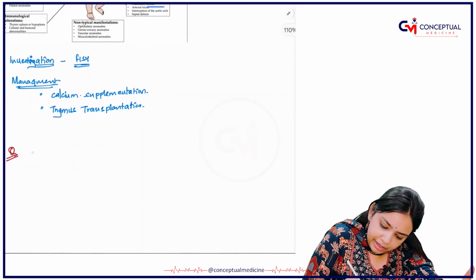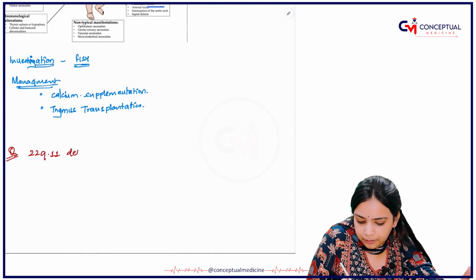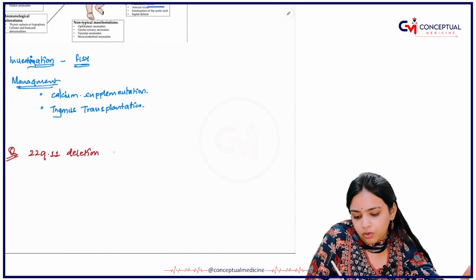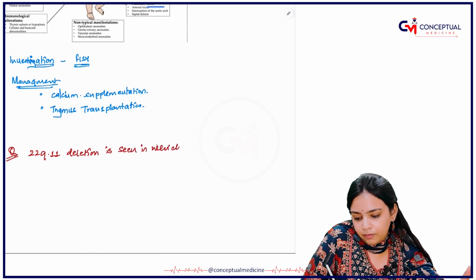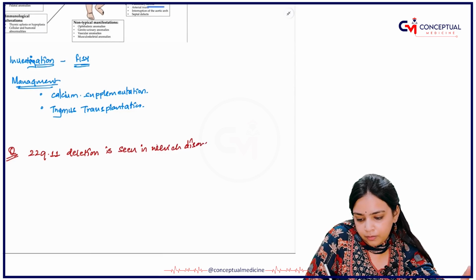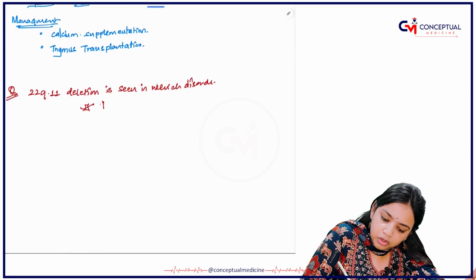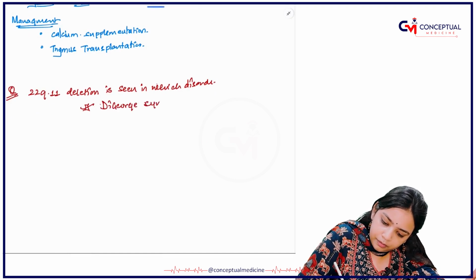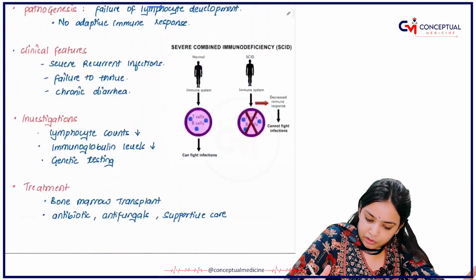Okay, tell me, 22q11 deletion is seen in which disorder? So it is basically seen in, I'm giving you the answer also, DiGeorge syndrome. This was all about the primary immunodeficiency. Okay.